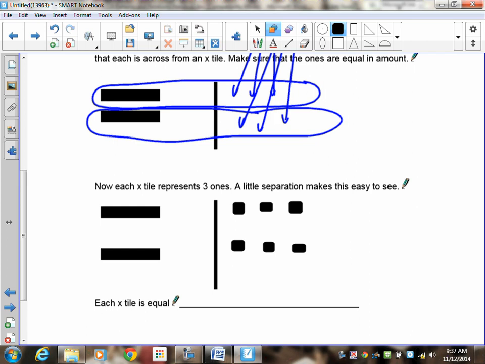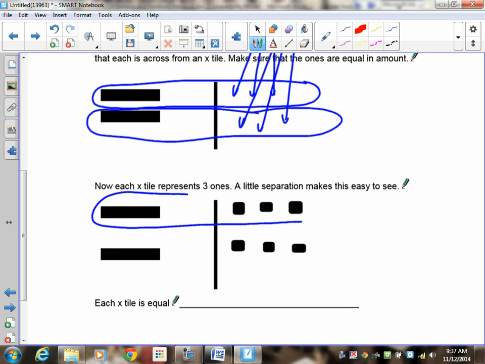Now, you can see that I've got the x's right here. This x matches up with 3 1s. That means that our solution is that an x is equal to 3. This x here is 3, and this x here is also 3. This is called grouping.